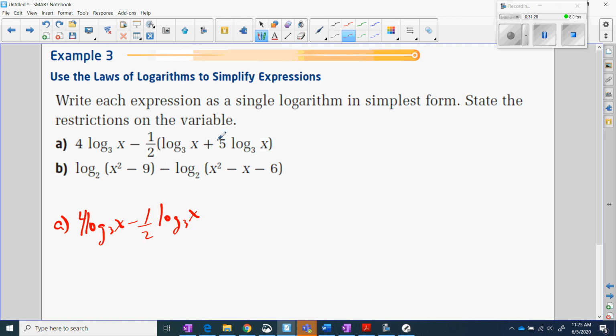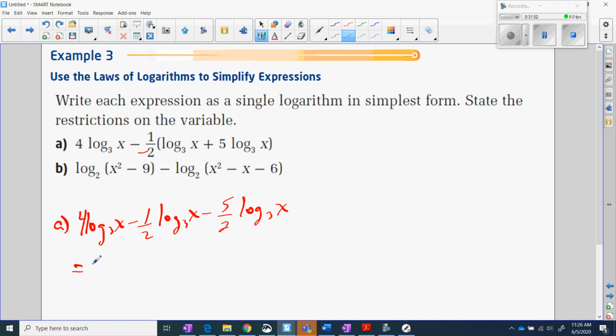This negative is going to go in here, make it negative 5 over 2 log x base 3. So I always encourage them to distribute any coefficients in through brackets and just have it so it's a bunch of separate logarithms added and subtracted. And then we should be in the position to go to a single log in simplest form.